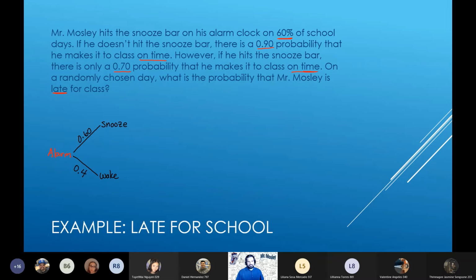So now, see, I have a 0.9 probability that I make it to class on time if I don't hit the snooze bar. So if I wake up, again, there's two options. I can be on time or I can be late. When I wake up, I have a 90% probability to be on time, which leaves a 0.1 probability, 10% chance of being late.